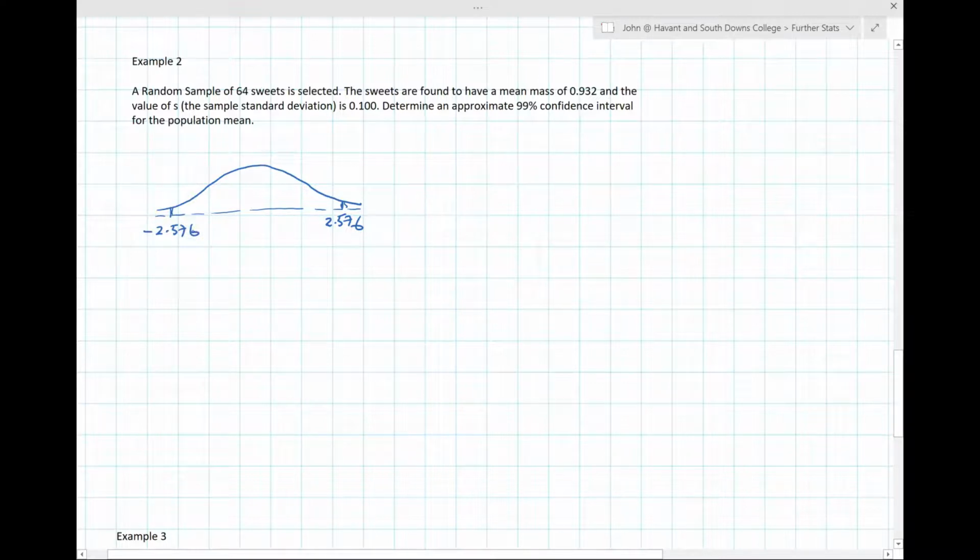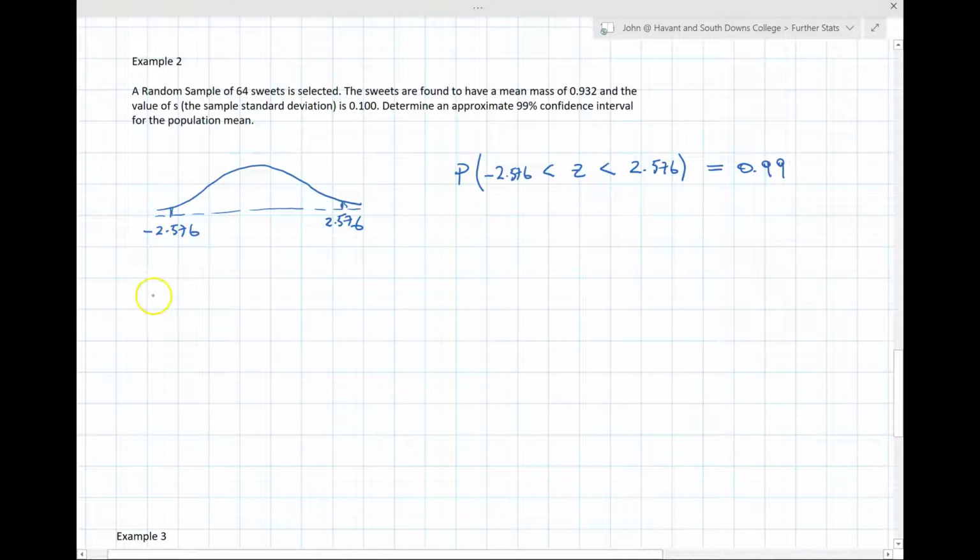So what we tend to do is write the probability that Z lies between these two values equals 0.99. Yeah, that's what we found out from there.